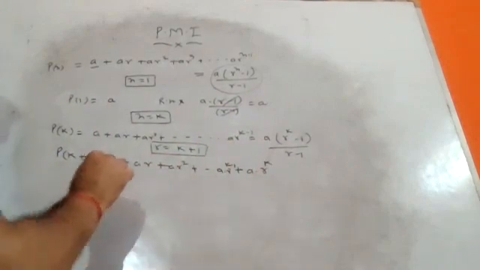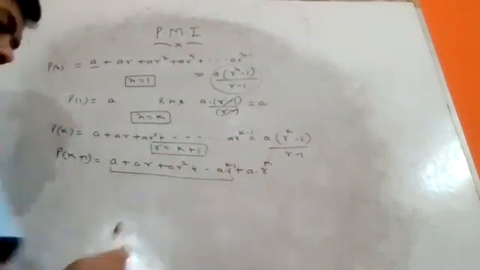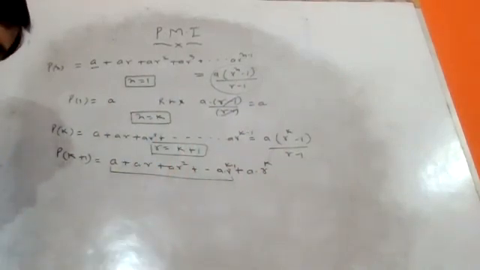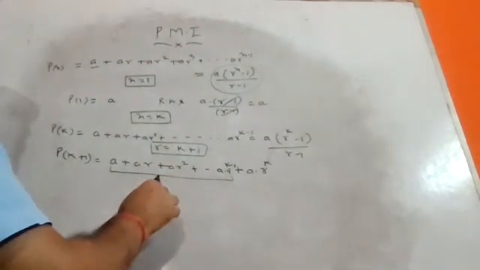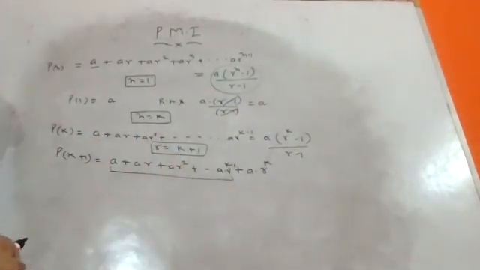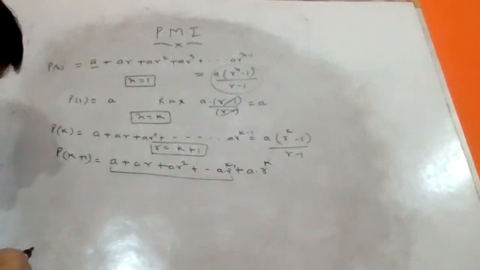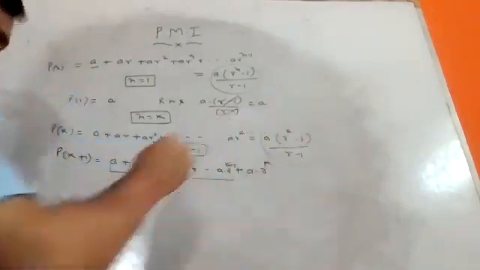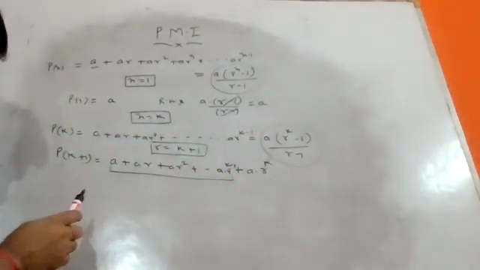As I told you earlier, this value is equal to this one, and this one is equal to this one. So we put the value of this one here.